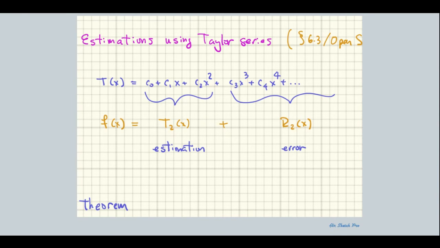Now, the good news is the second remainder is actually equal to this third term, ignoring everything else, if I pick the right value of x in that interval. The entire remainder is going to be equal to just the third term if I pick the right value.